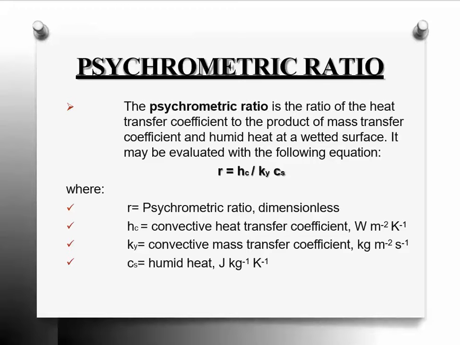It may be evaluated by the equation r = hc / (ky·cs), where r represents the psychrometric ratio, which is dimensionless, and hc shows the convective heat transfer coefficient. ky represents the convective mass transfer coefficient, and cs determines the humid heat.